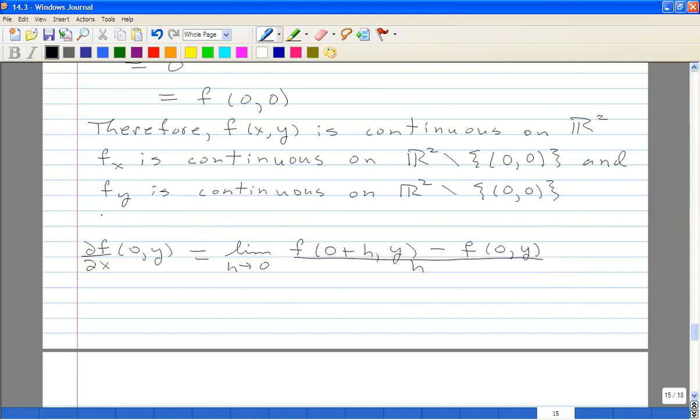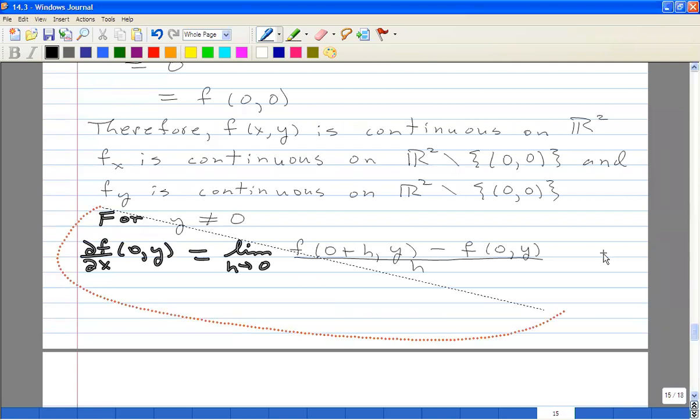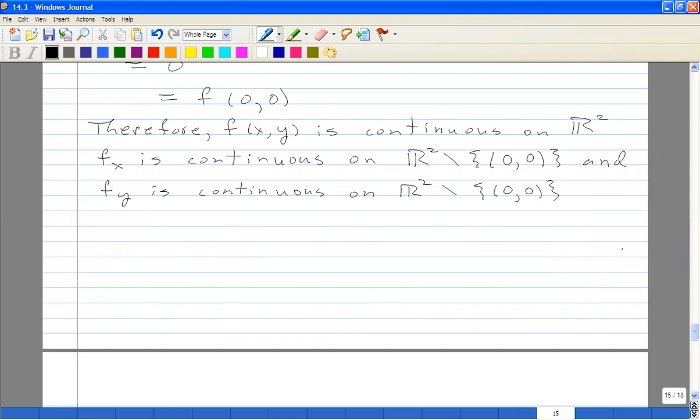For y not equal to 0, let's compute the partial of f with respect to x at (0, y).